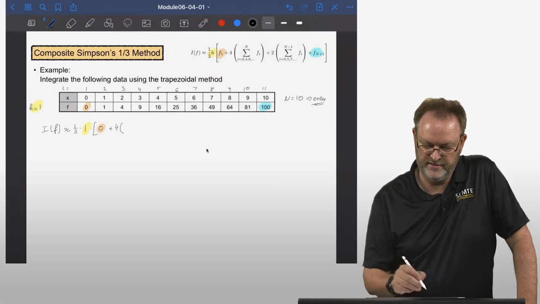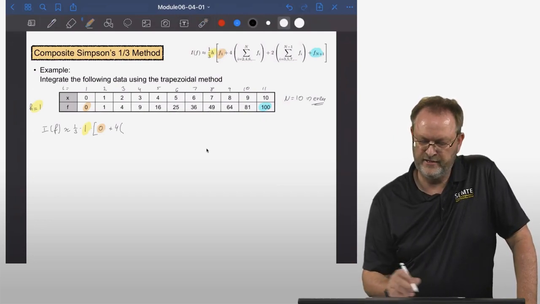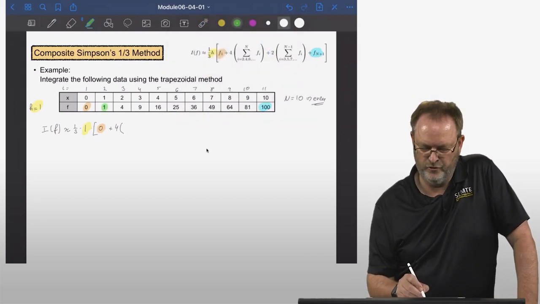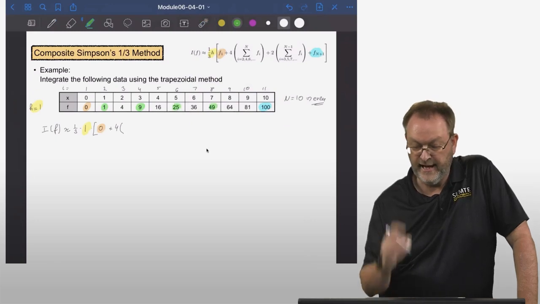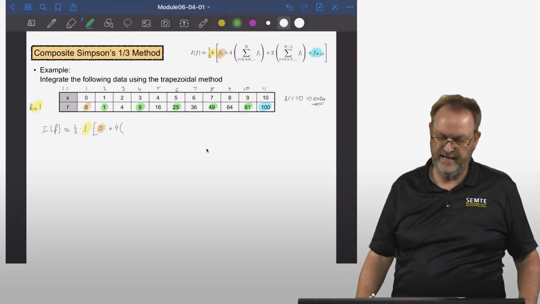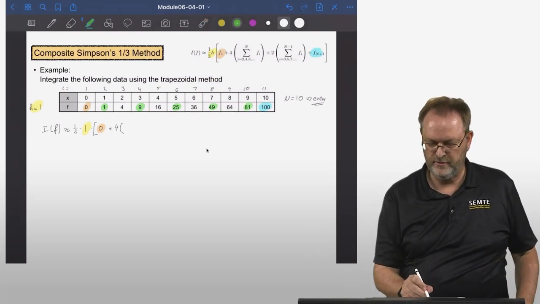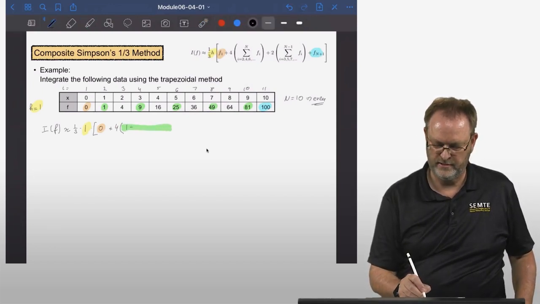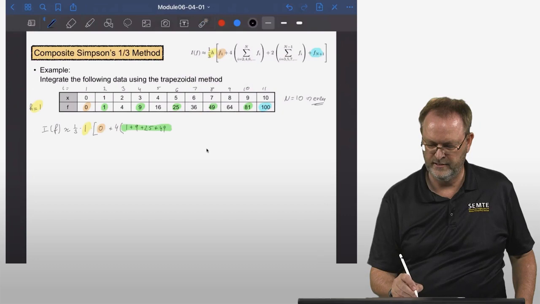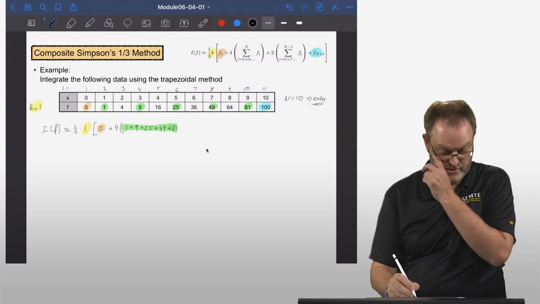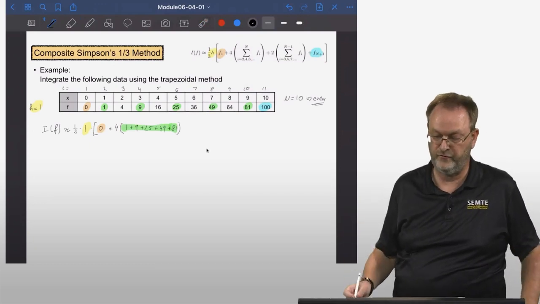And now for this sum that contains the prefactor of 4, we have to take the values at 2, 4, 6, 8, all the way to n, but n was 10, so all the way to here, the 81. So let me write those values here. I can sum them up: 1 plus 9 plus 25 plus 49 plus 81. Okay, so those are everything that I have to sum up for the prefactor of 4.